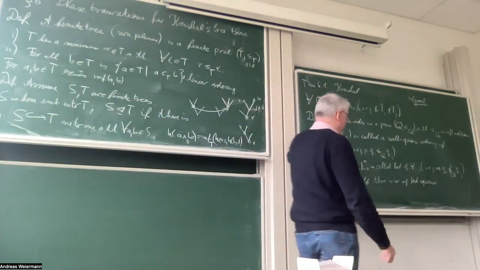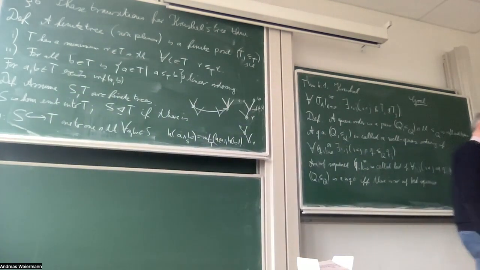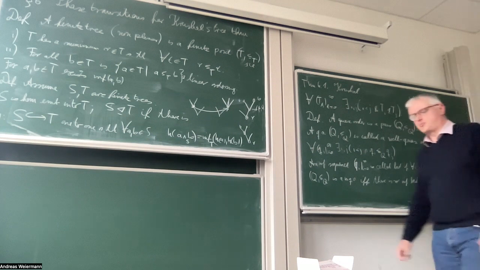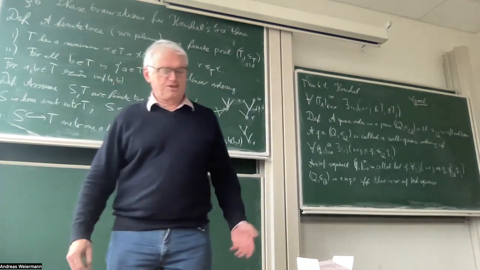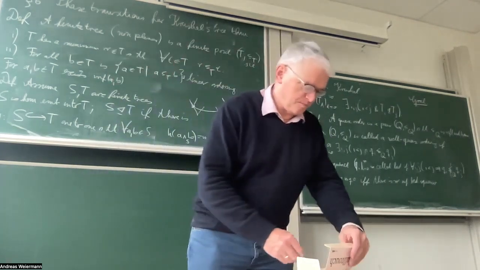Of course, you want to see an example: every well order is a well quasi order. It's easy to see, right? Because in a well order there's no strictly decreasing sequence. So the natural numbers form a well quasi order. That's all this nice and easy structure theory.